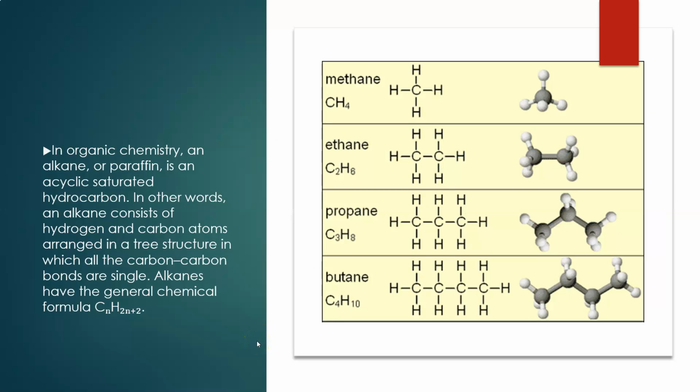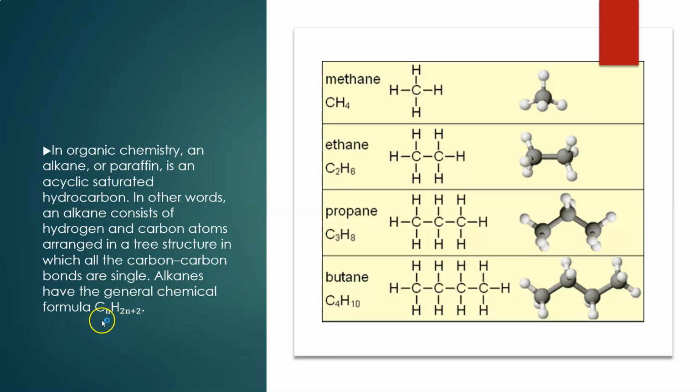In organic chemistry, an alkane or paraffin is an acyclic saturated hydrocarbon. In other words, an alkane consists of hydrogen and carbon atoms arranged in a tree structure in which all the carbon bonds are single.